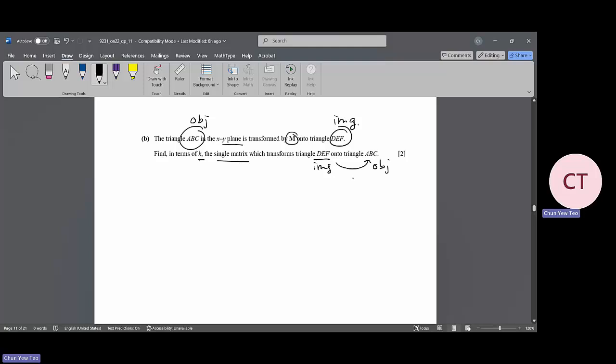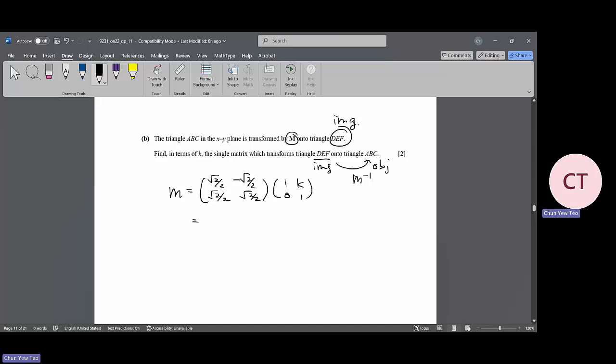So when the image transforms back to the object, we need to have M inverse, but they want a single matrix. So in order to get the single matrix of M inverse, we can just multiply the M first. So your M looks like this, multiplied by 1, 0, K, 1.